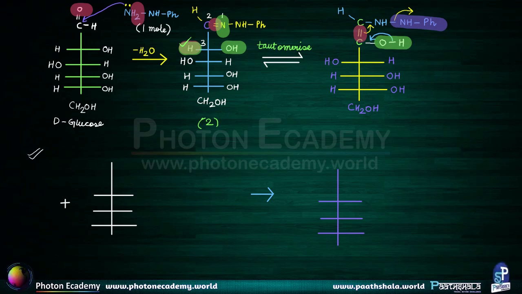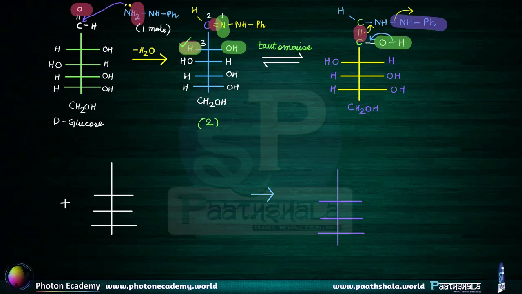So now, if I carefully see this particular compound, what is going to happen now? First, let us see which part is getting detached from the whole molecule. We have decided that this NHPh is getting detached from the molecule.